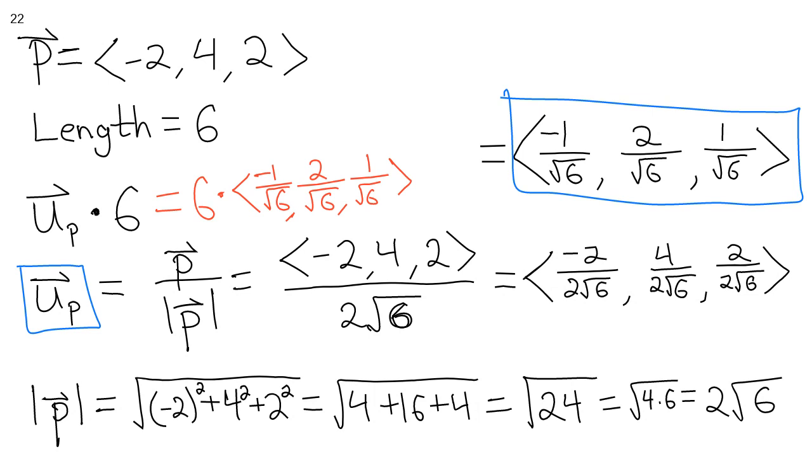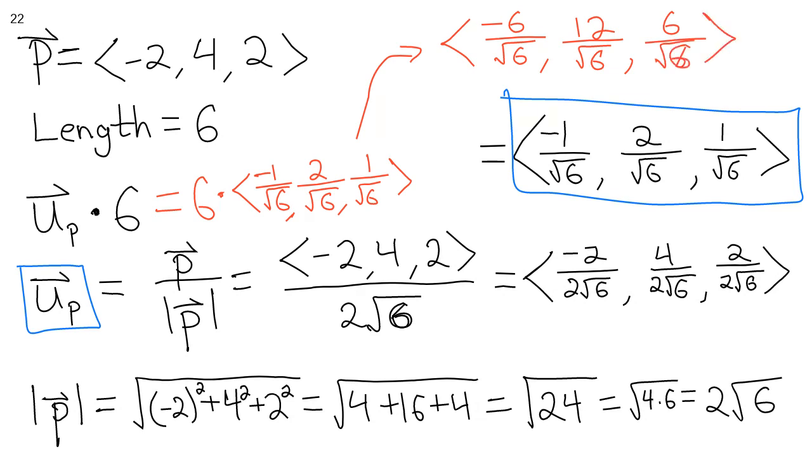And then if you continue, distribute that 6, you just get -6 over root 6, 12 over root 6, 6 over root 6. And that's it.